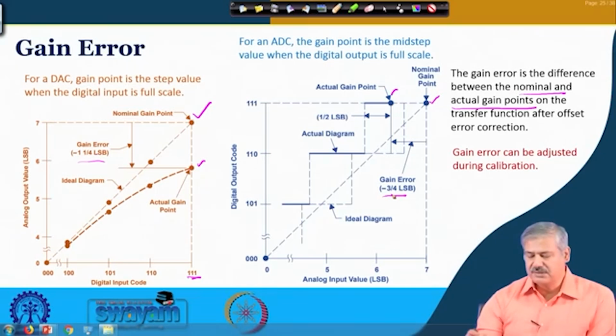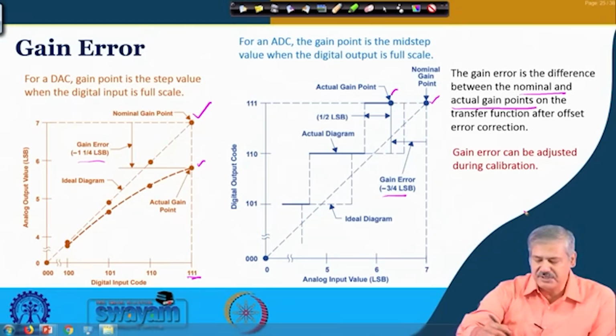So this is the gain error. Again, this can be adjusted during calibration or trimming, and after that the ADC can be put to use. Okay. So initially we have to look at this offset error and gain error, if there is any, and then we look at how we overcome it, okay, through compensation during calibration, right.